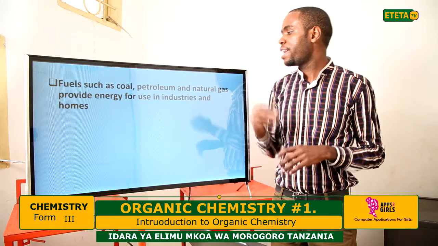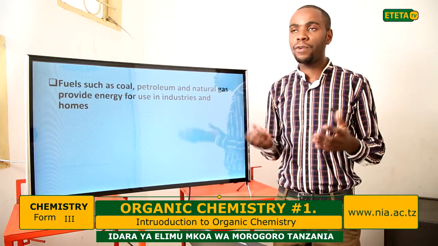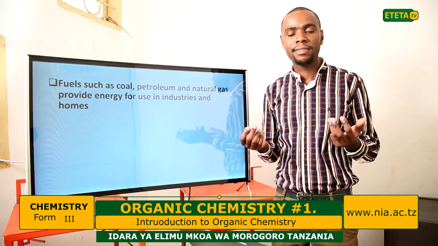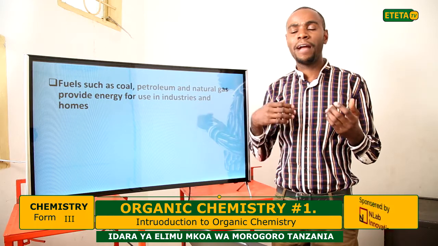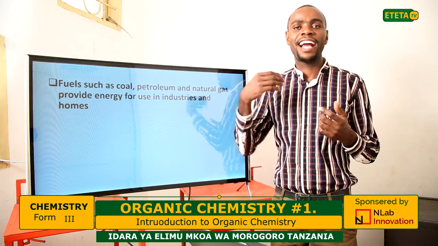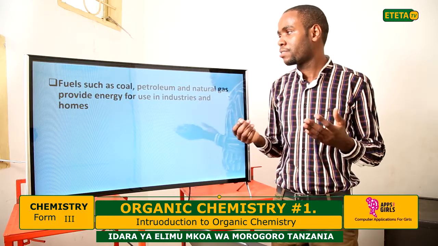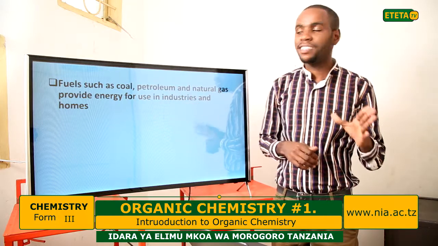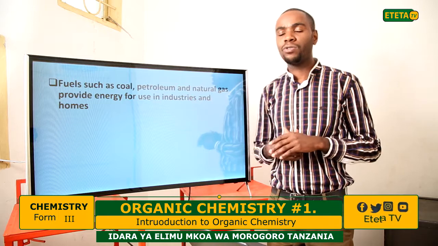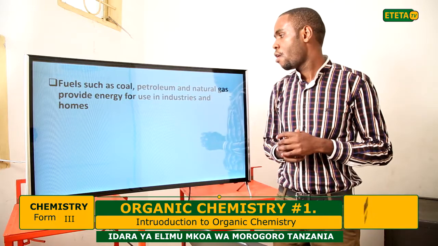So these provide energy which we use at home for cooking. For example, natural gas, petrol, and diesel, some are used for running car engines and others. So they provide energy used in industries, and not only industries, but also at home.